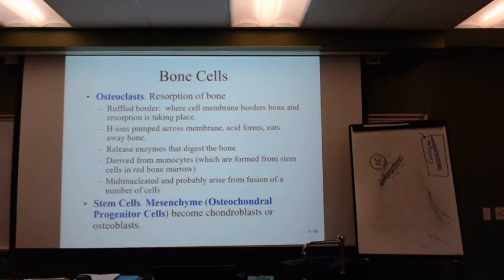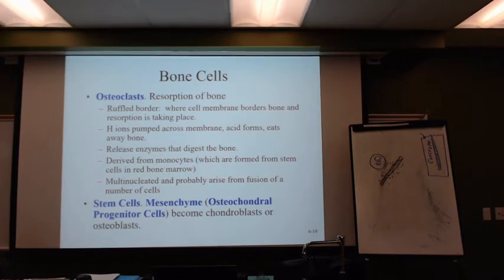We also see that bones get broken. Bones have to heal. So another cell, very active, and remember, this is an organ system, another cell, very active, is an osteoclast.